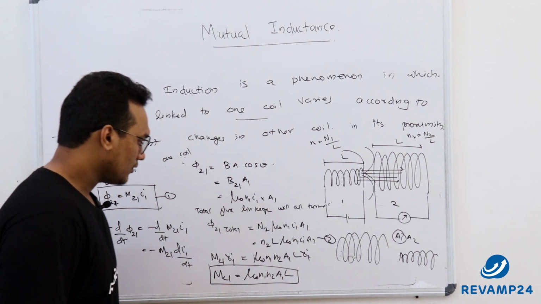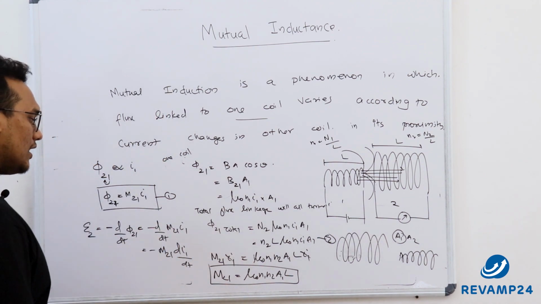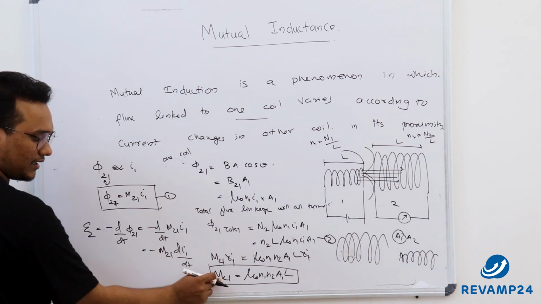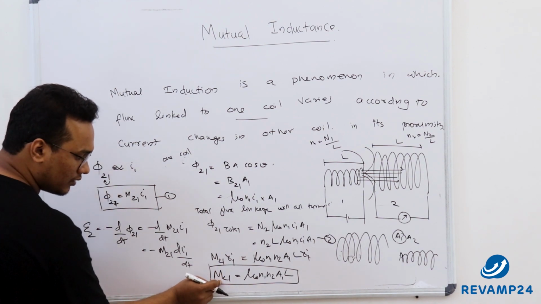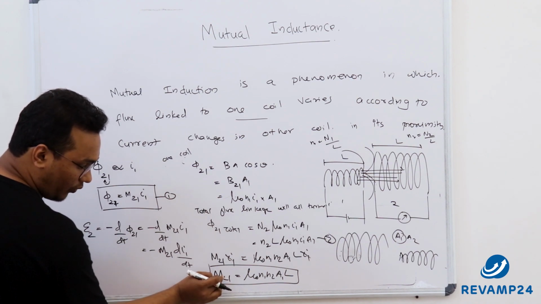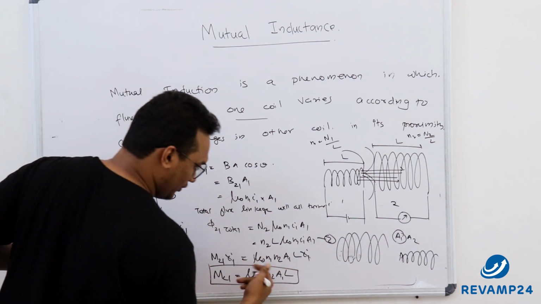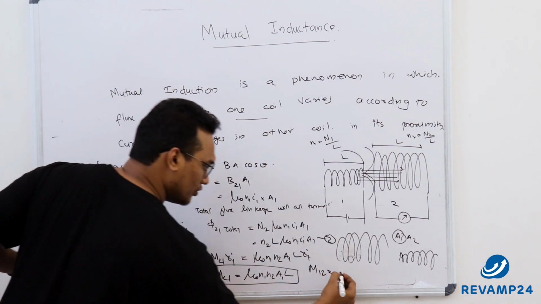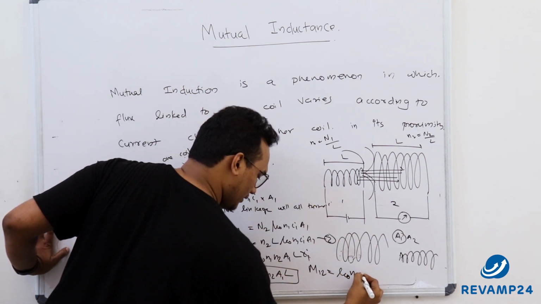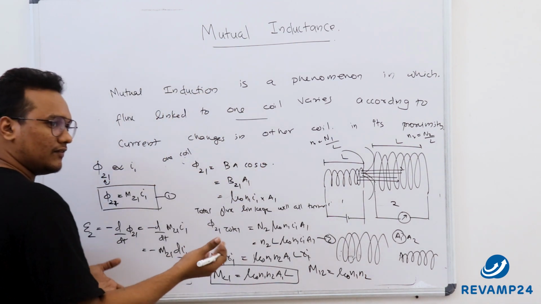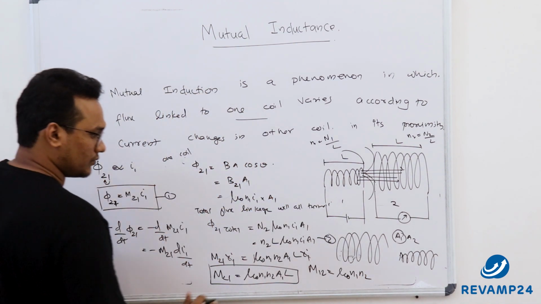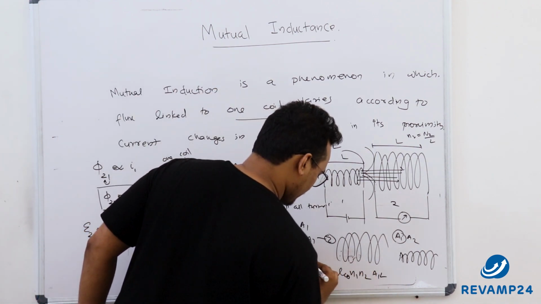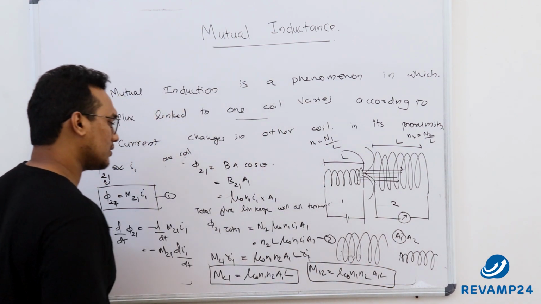Okay. Now, what will be the value of the coefficient of mutual induction of 1 due to 2? You can change the equation. M12 is equal to the same thing, mu 0, n1, n2, A is anyway the smallest out of these two, so that will be A1 itself, and the length is the same, and the equation will not change.